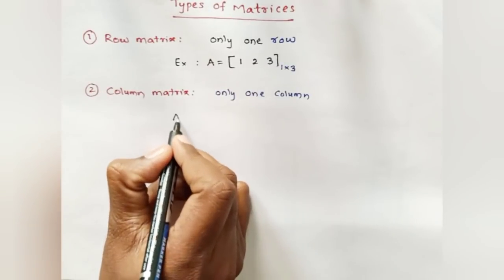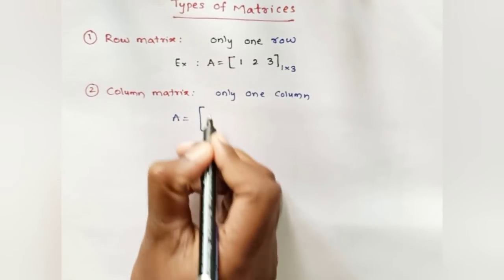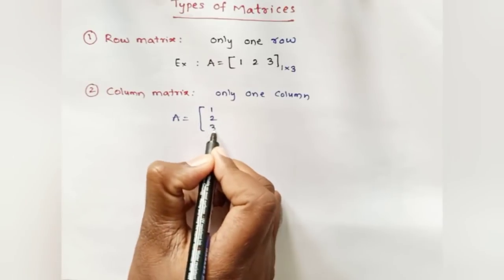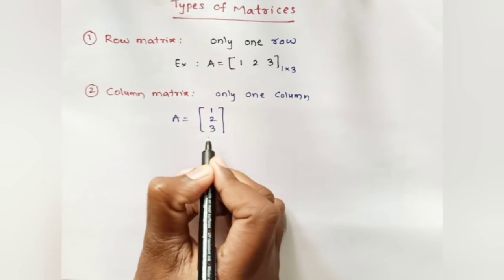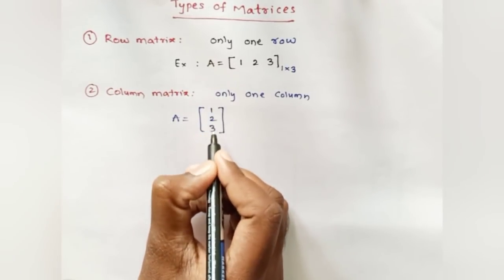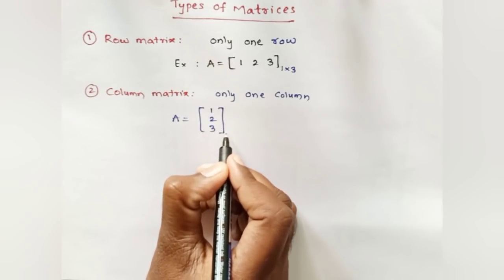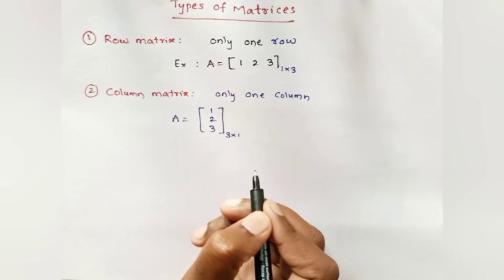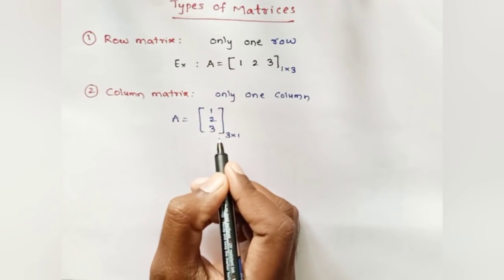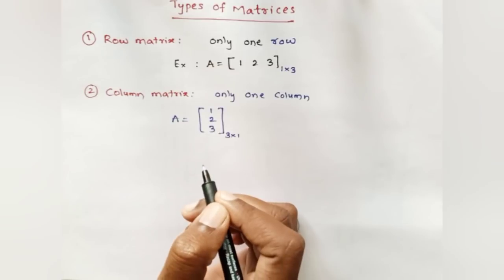For example, A is equal to 1, 2, 3 written as a column. This matrix contains only one column, but there are 3 rows, so the order of this matrix is 3 by 1. There is no restriction on rows for this column matrix.